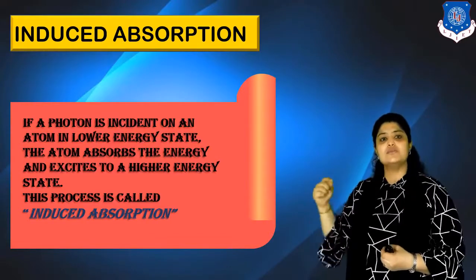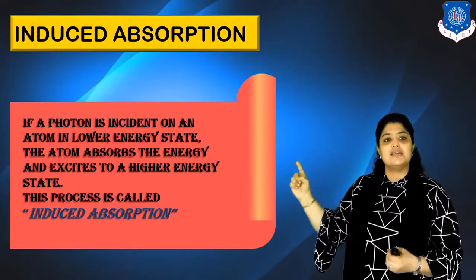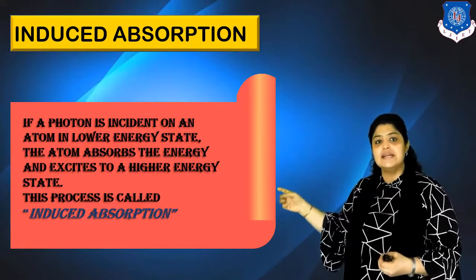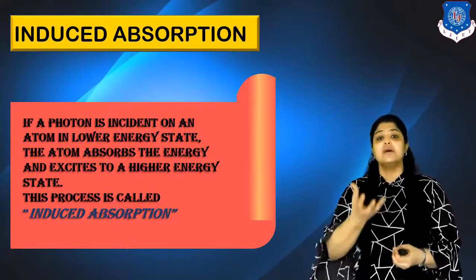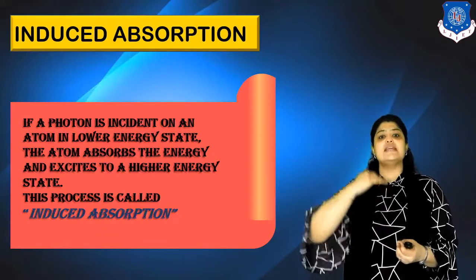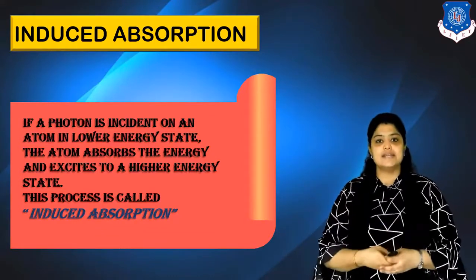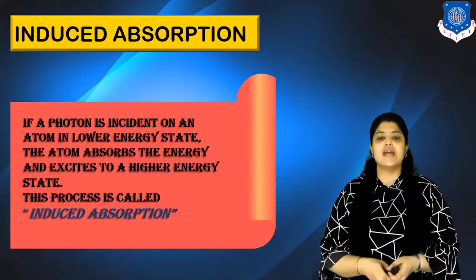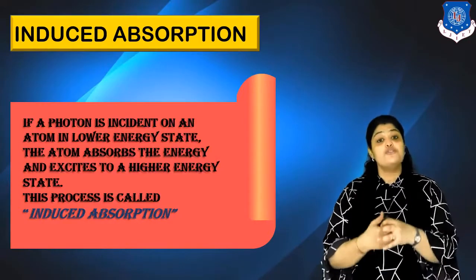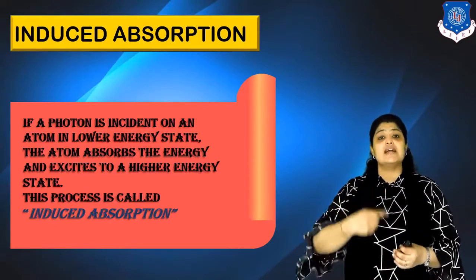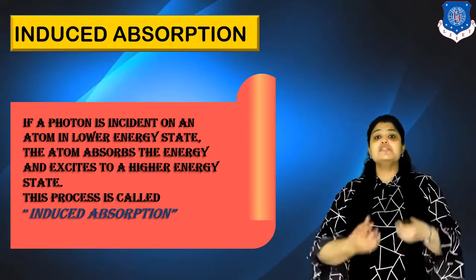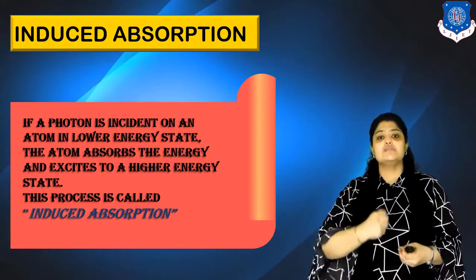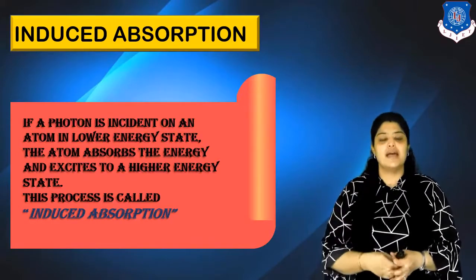It says if a photon is incident on an atom which is in lower energy state, the atom absorbs the energy and it gets excited to a higher energy state. This process is known as induced absorption. For induced absorption, the atom has to be in the lower energy level, because if the atom is not having energy, only then it can absorb energy and excite to a high level.